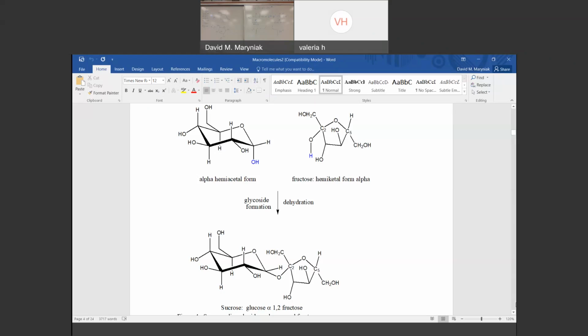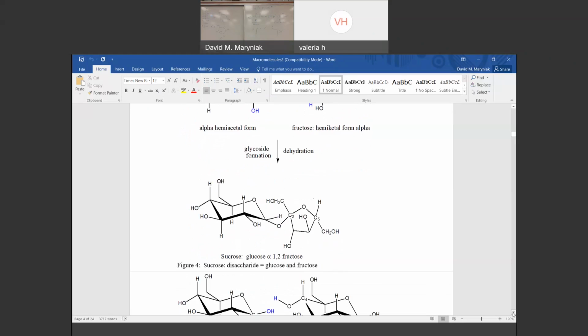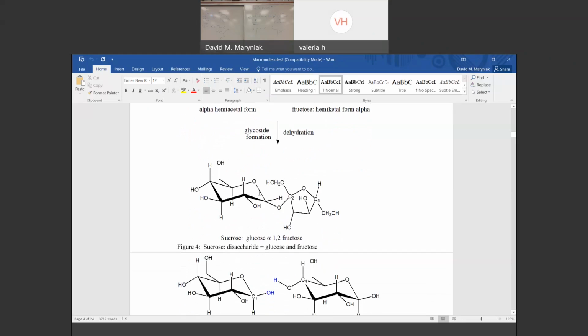And this disaccharide's called glucose alpha 1,2-fructose. And we're calling it alpha because the connection from one sugar to the next goes down. If this connection went up, then it would be beta. And that's going to have huge implications coming up.